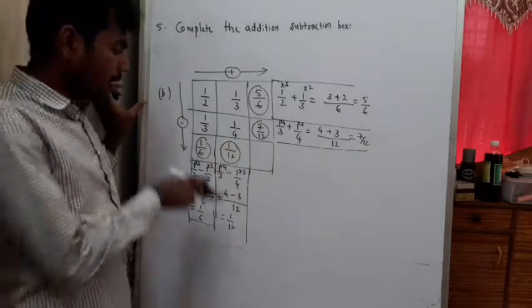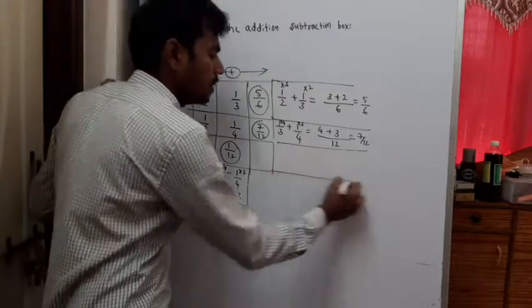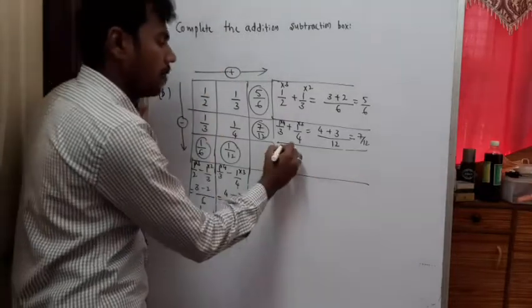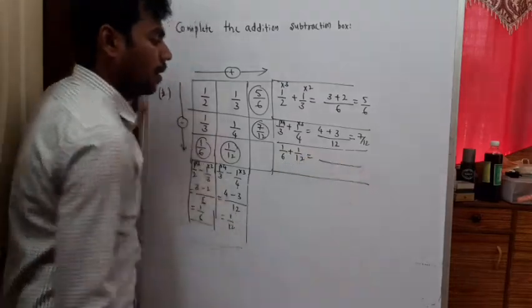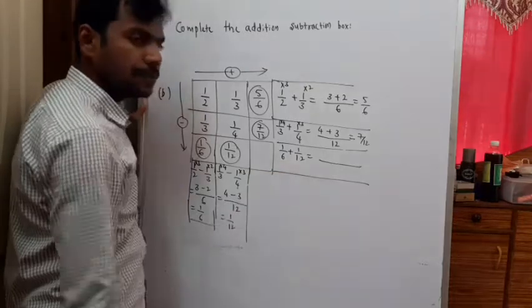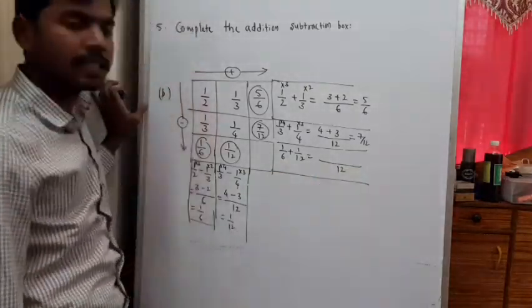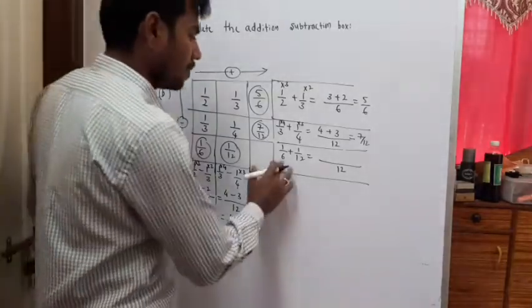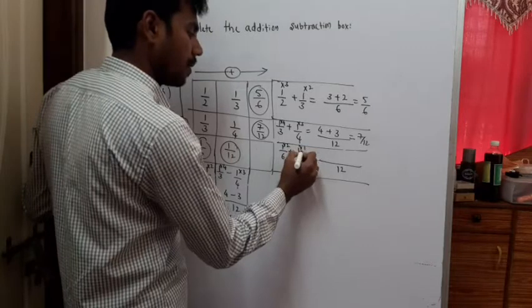Next. Either if you go in this way, you need to add. So we can go in this way. 1 by 6 plus 1 by 12. 6 and 12. So 12 is the multiple of 6. So 12 is the LCM, or 6 is the factor of 12. 12 is the LCM. 6 2s are 12. 12 1s are 12.